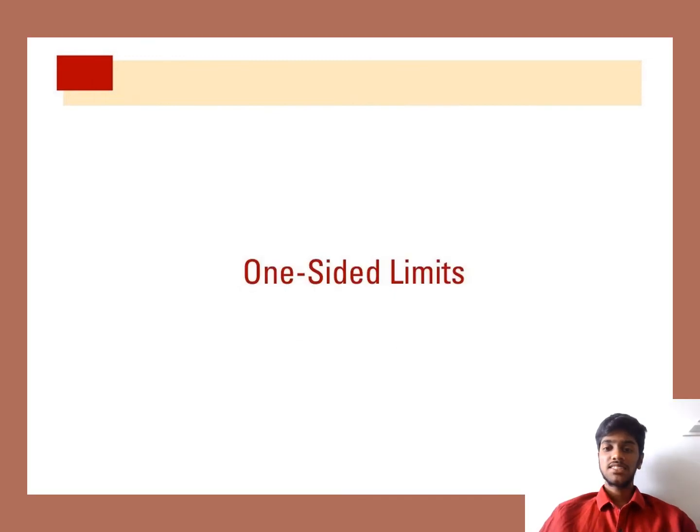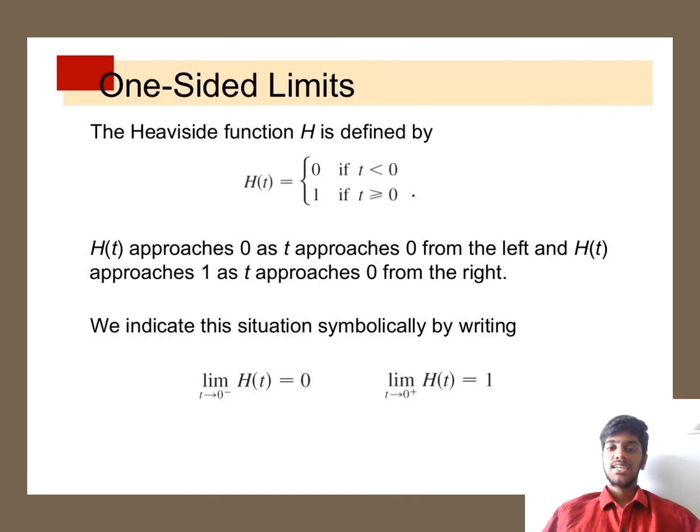Now let's see one-sided limits. The Heaviside function H is defined by H of t equals 0 if t is less than 0, and 1 if t is greater than or equal to 0. H of t approaches 0 as t approaches 0 from the left, and H of t approaches 1 as t approaches 0 from the right.